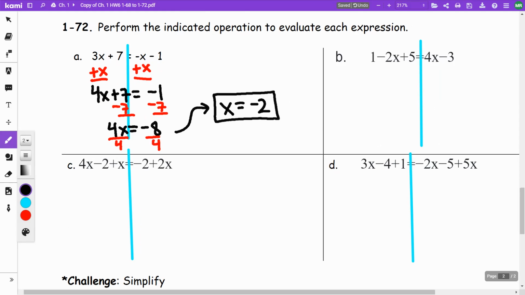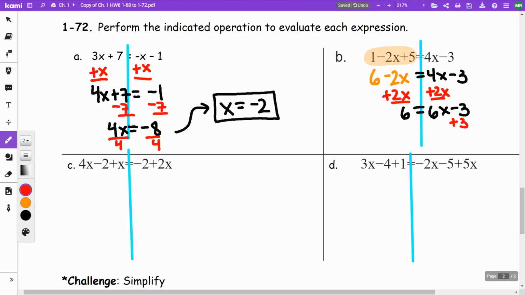On B, first off, I noticed that on this side, I can clean up some things. That 1 and 5 is going to make a 6. So this is really 6 minus 2x is equal to 4x minus 3. Now, I'm personally going to deal with my x's first. So I'm going to add 2x to both sides. I'm going to get 6 is equal to 6x minus 3.